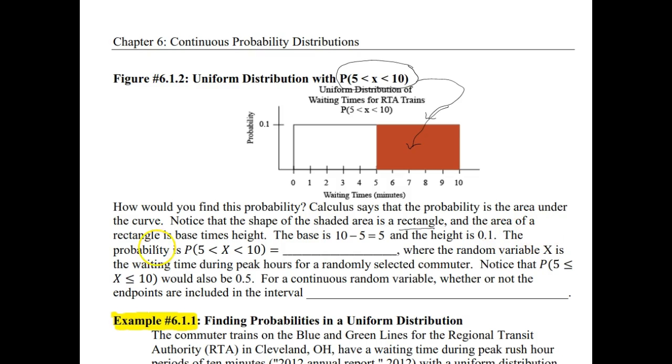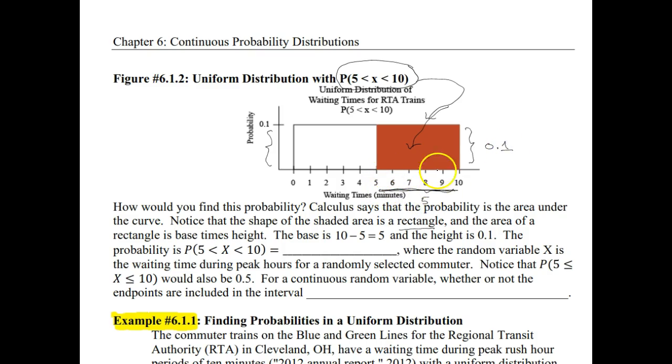The area of this rectangle, like any rectangle, is base times height. The base, the length here, is 10 minus 5, so 5 units. And the height, we go over here and see that it is 0.1.